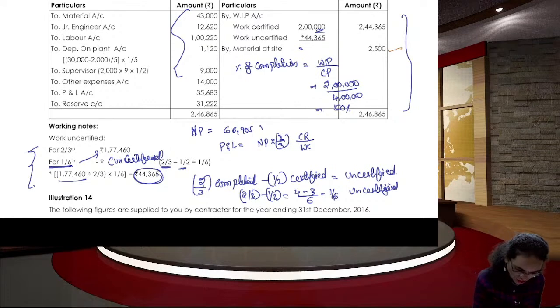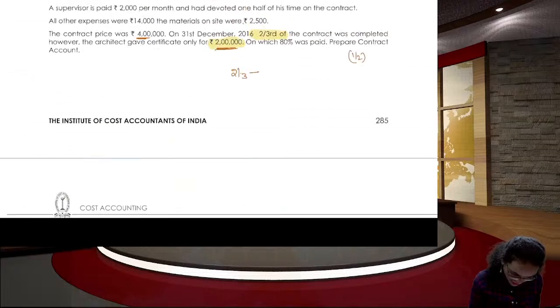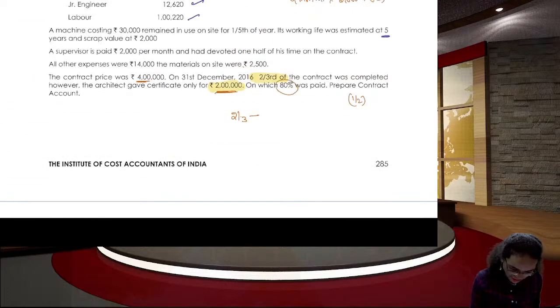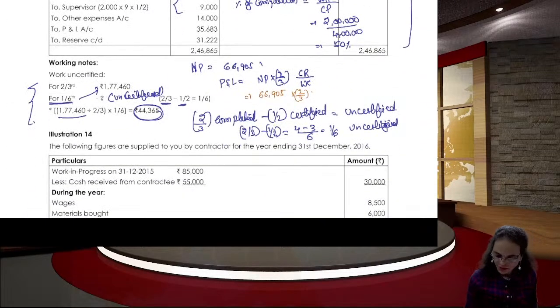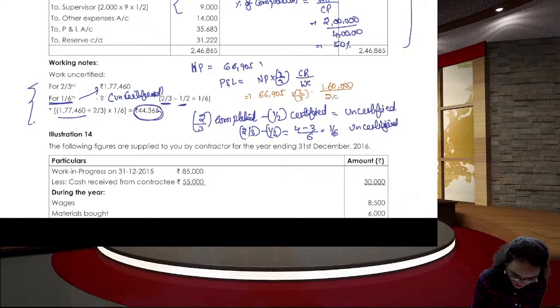So notional profit here is 66,905 into 2/3 into cash received. How much cash received? 80% was paid. On which 80% was paid? 2 lakhs into 80%, that is 1,60,000 was paid. Work certified was 2 lakhs rupees.